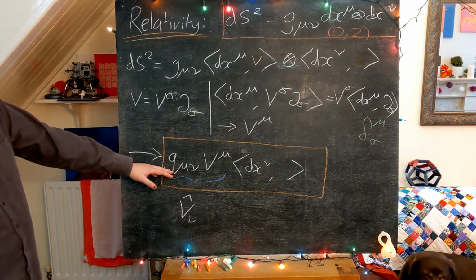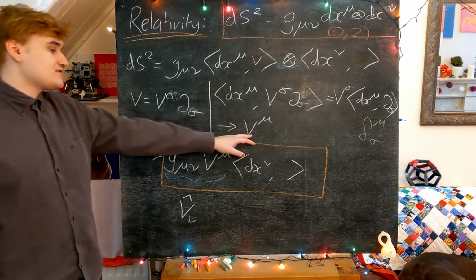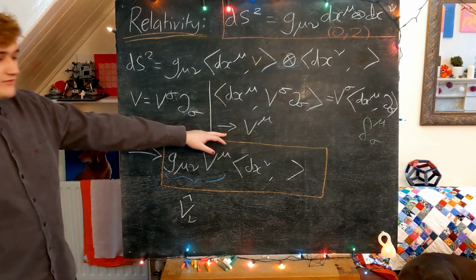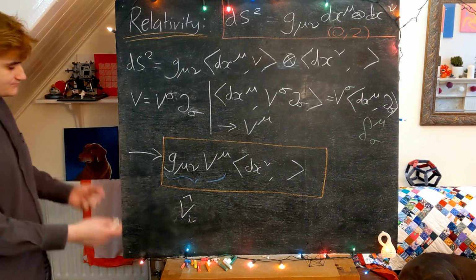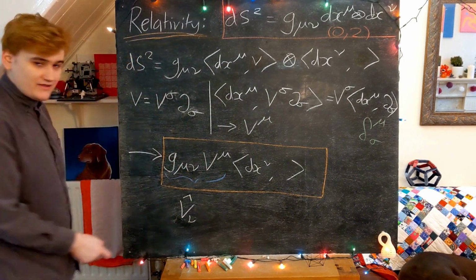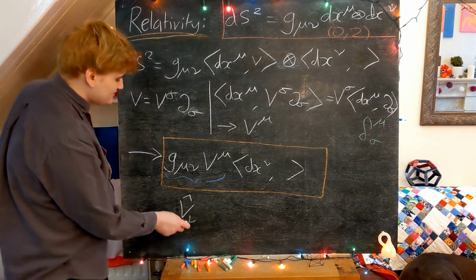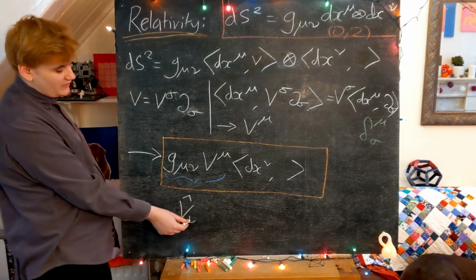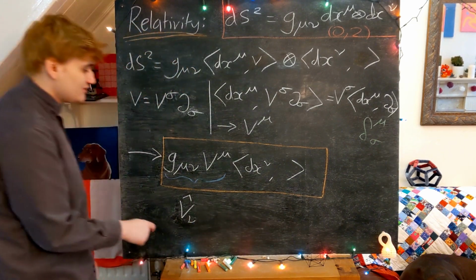So our metric components are contracted with the vector components that we found by feeding our vector into one of these one forms. And we're left with what looks like not a set of vector components, but a set of one form components, because they have a lower index. More on that very shortly.